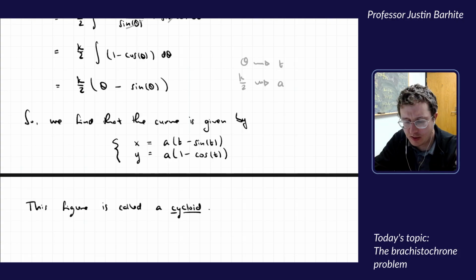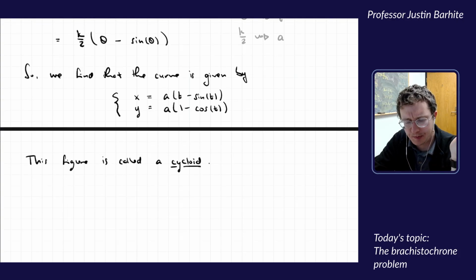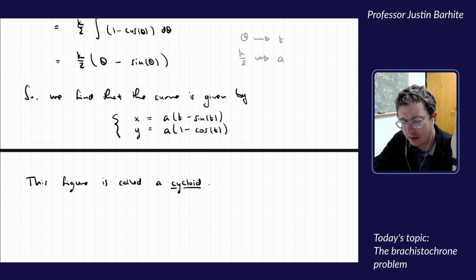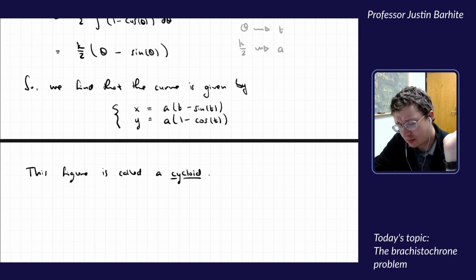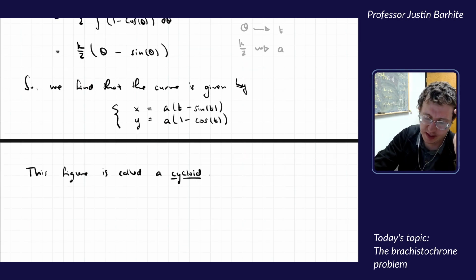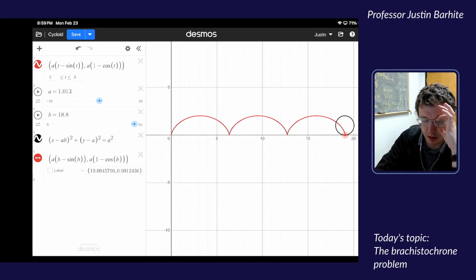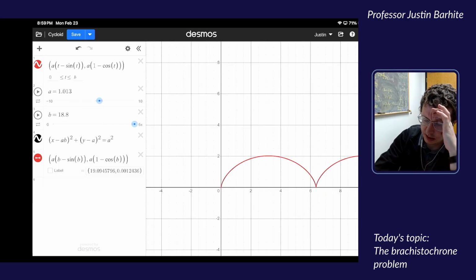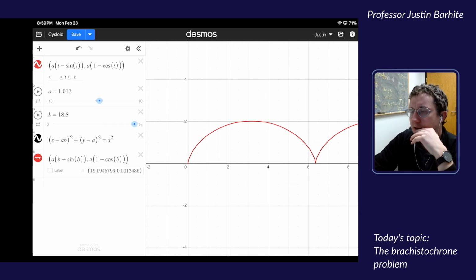Okay, so let's finish up this problem. I guess we found the curve. I wanted to do two things with this real quick, which is I want to look at one little arch of this cycloid, and I want to find the arc length.